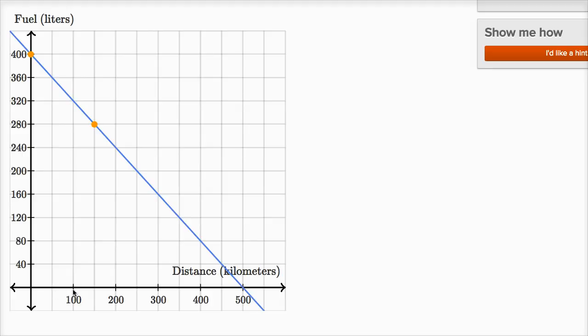So let's think about how much fuel he would have consumed after driving 100 kilometers. If he consumed that much, we would subtract that from the amount of fuel he started with, and that would tell us where this point would be. It's going to be someplace over here, and it's going to be below 400 because we're consuming fuel. Fuel should be going down as distance increases. This should be a downward sloping line.